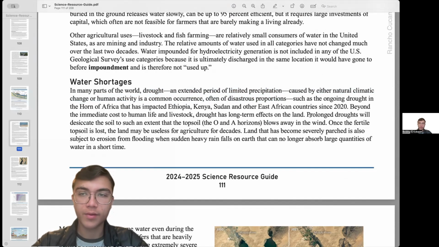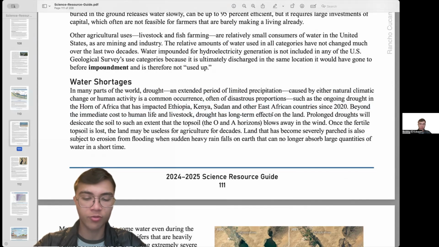There is currently a drought in the Horn of Africa, which has impacted Ethiopia, Kenya, Sudan, and other East African countries since 2020. This has affected human life, livestock, and had other long-term effects on the land.